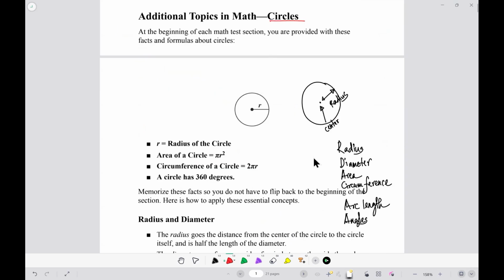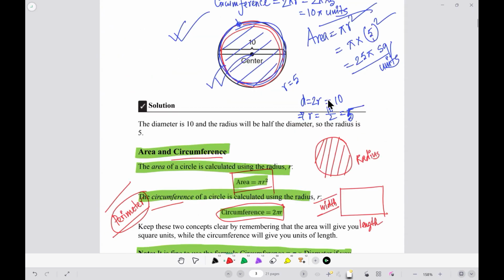In this chapter, they are talking about the measurements related to the circle, and then they're also talking about the coordinate geometrical concept of the circle.